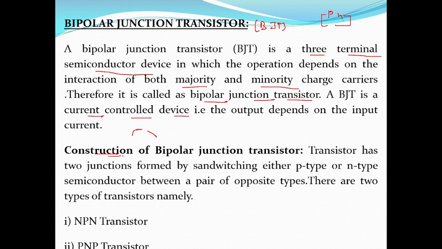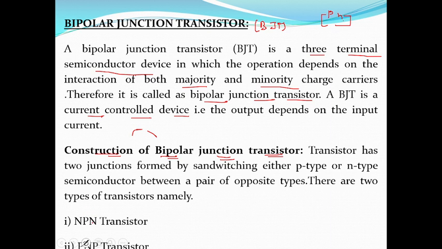Now we'll go for the construction of the bipolar junction transistor. How to construct a bipolar junction transistor? Bipolar junction transistors are divided into two types: one is the NPN transistor and the other is the PNP transistor.